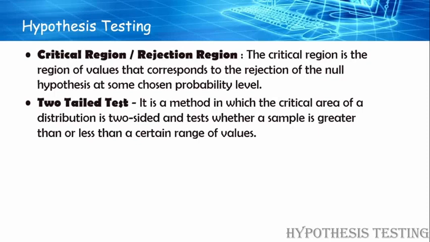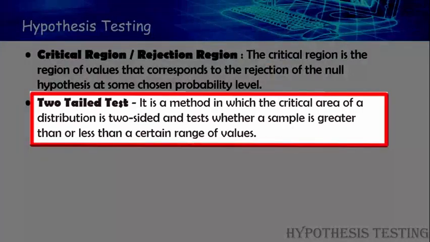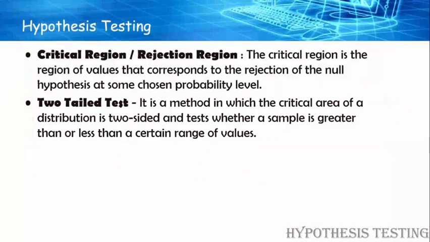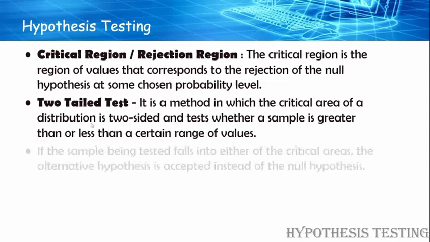The two-tailed test is a method in which the critical area of the distribution is two-sided, so it will be on both sides. The names of the one-tailed test and two-tailed test directly differentiate them, and everyone is getting an idea of what is happening. It tests whether a sample is greater than or lesser than a certain range of values, on both sides.